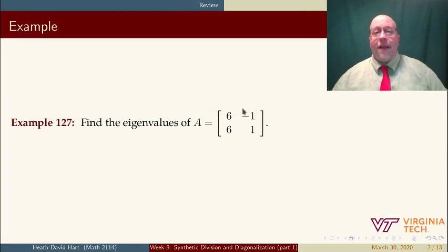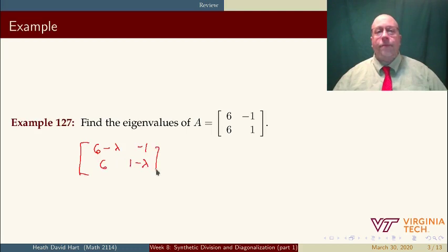If I want to find the eigenvalues of this matrix, I will change this matrix to 6 minus lambda, -1, 6, and 1 minus lambda. Calculate the determinant of this matrix, and that's going to be multiplying 6 minus lambda times 1 minus lambda, and then subtracting the product on this diagonal.